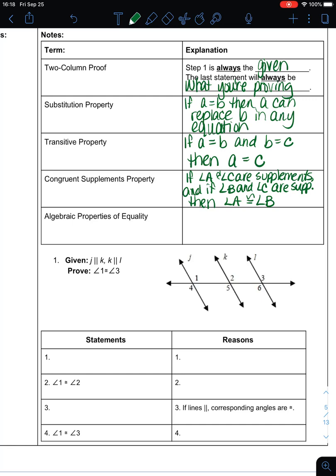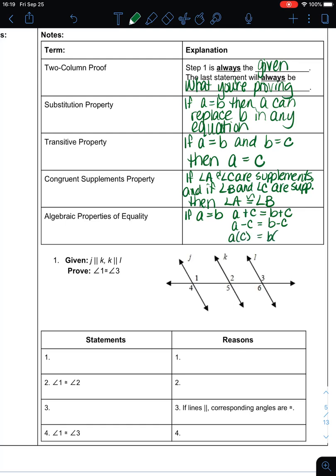And lastly, we have our algebraic properties of equality. Basically, all that says is that what you do to one side of the equation, you have to do to the other. So if A is equal to B, then I know that A plus C is going to equal B plus C because I'm adding the same thing to both sides. That's addition and subtraction. I can also say A minus C is equal to B minus C. This is how it would come up when you're doing an algebra step in a proof.